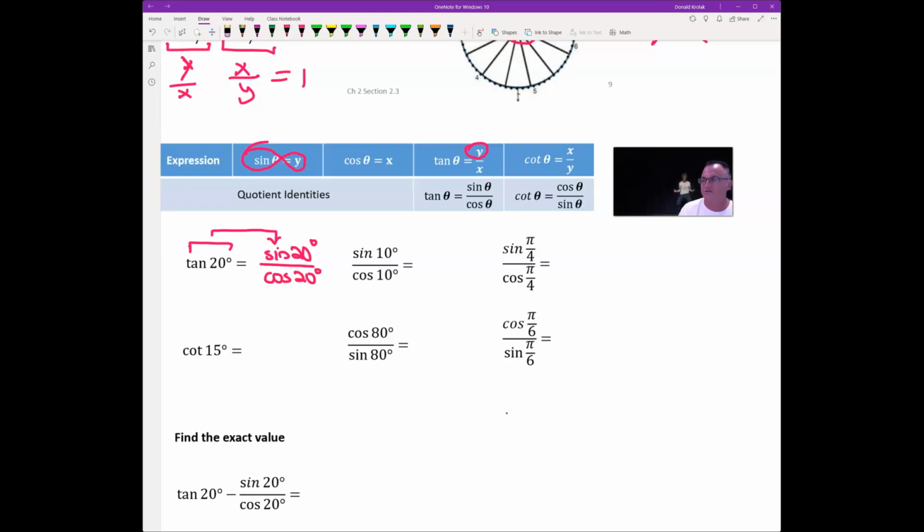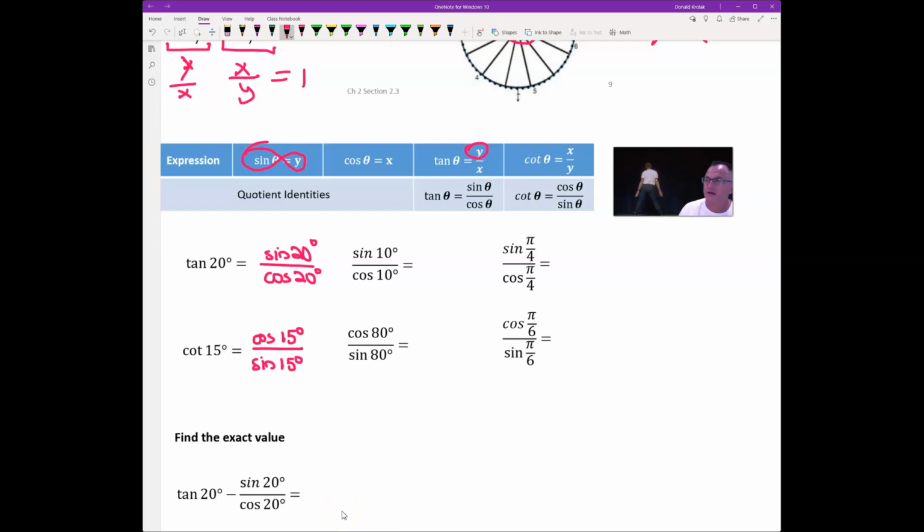Those two expressions are equal to each other. They're the same. Just like with the cotangent of 15, I could rewrite it with the cosine of 15 as the numerator, and the sine of 15 degrees as the denominator.